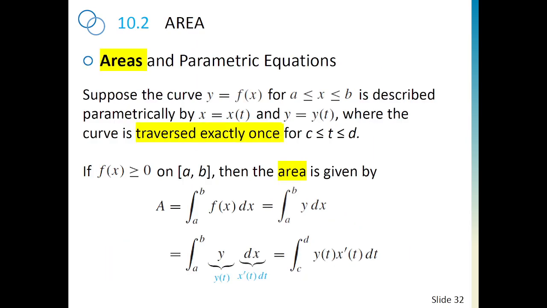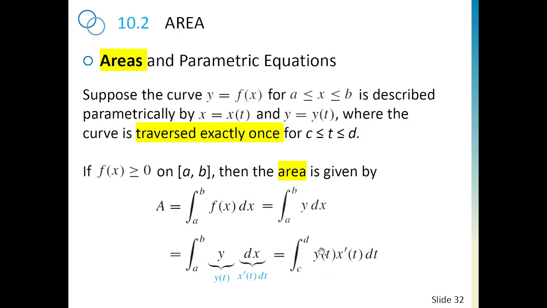Another thing that we can do on top of computing the slope of the tangent line and the equation of the tangent line at a certain point, we can also find the area maybe enclosed by the curve if we have a loop, or between the curve and x-axis, or the curve and y-axis depending on the question. So here what matters is when you compute the area, we need to make sure that we traverse the curve exactly once in a period of time, and then the formula for the area will be simply y dx.